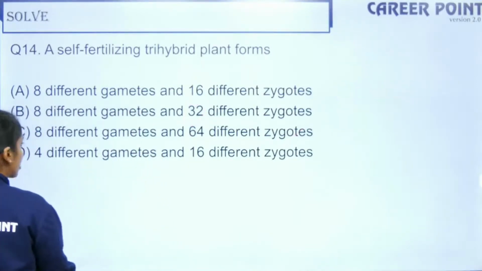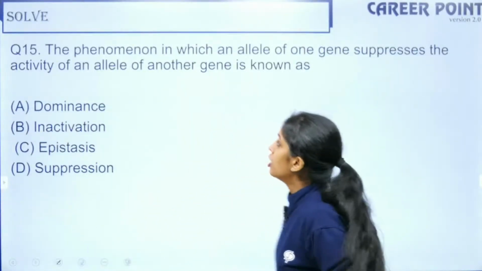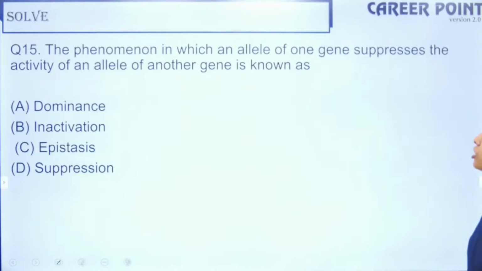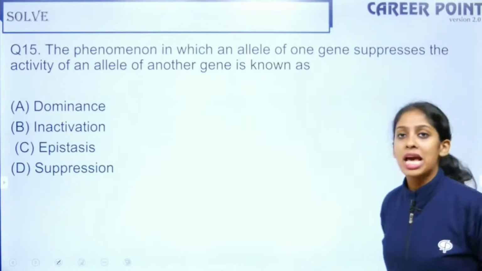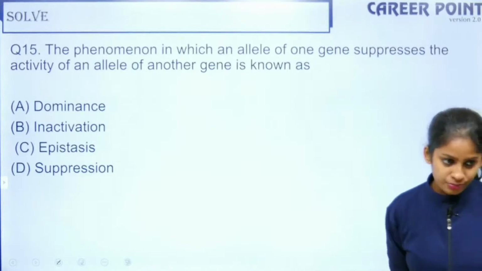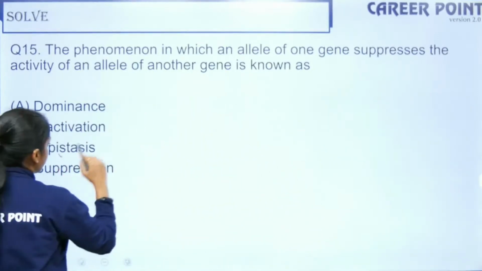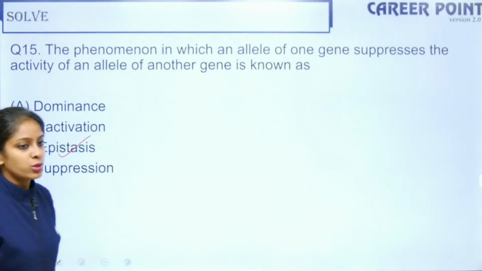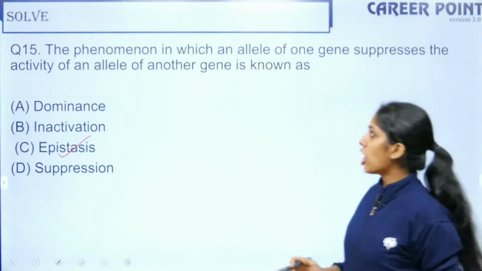Let's move on to the last question for the day. Question number 15. The phenomenon in which an allele of one gene suppresses the activity of an allele of another gene is known as dominance, inactivation, epistasis, or suppression. Yes, Vishal, right, it is epistasis. It is not dominance.